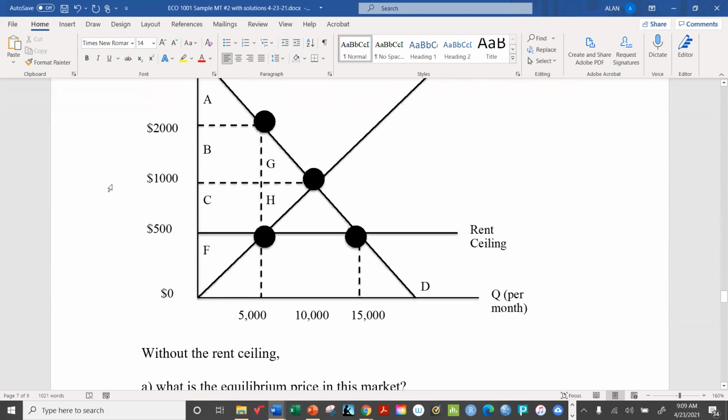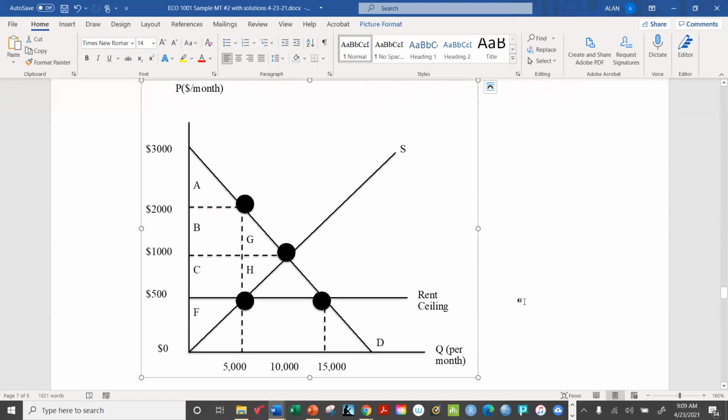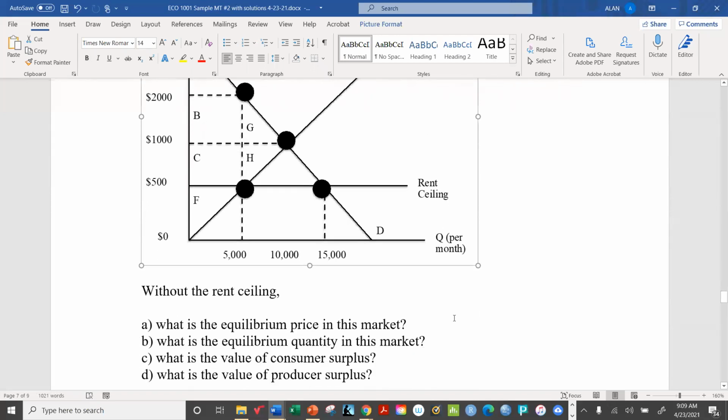The equilibrium is 1,000, but the rent ceiling is 500. So without the rent ceiling, the price in the market would have been $1,000. And we would have had 10,000 rental units.